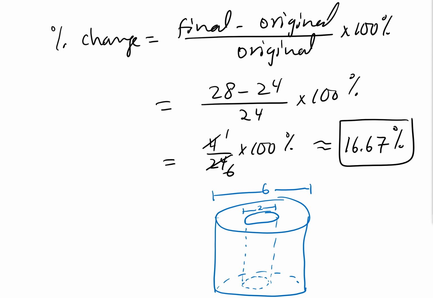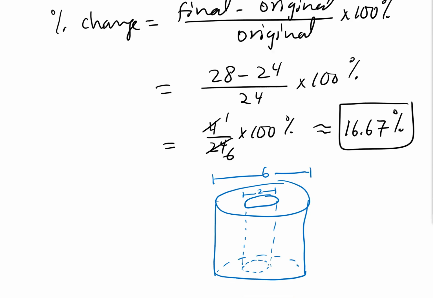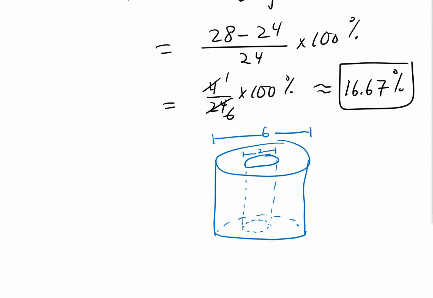Next, we have a cylinder and there is a hollow cylinder inside it. What we need to find is the surface area and the volume. The cylinder inside is a hollow cylinder. There's nothing in there. It's an empty cylinder with diameter 2, and the bigger one is a cylinder with diameter 6.